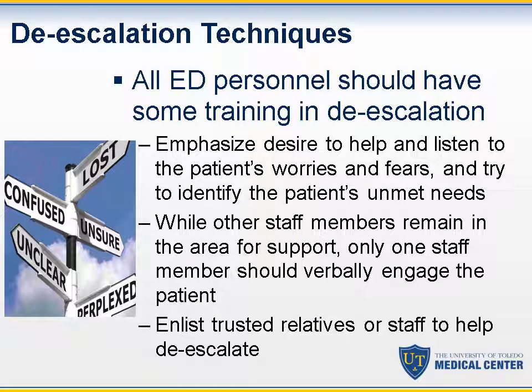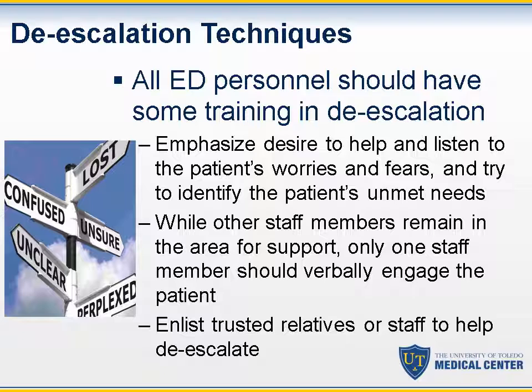So we want to emphasize the desire to help and to listen to the patient's worries and their fears and their unmet needs. Again, we want to avoid provocative statements. We don't want to say, calm down, if you don't settle down, this will happen. If we think about it, one of the surest ways to fire someone up is if we tell them to calm down, or if we threaten them with, you better stop or else this will happen.